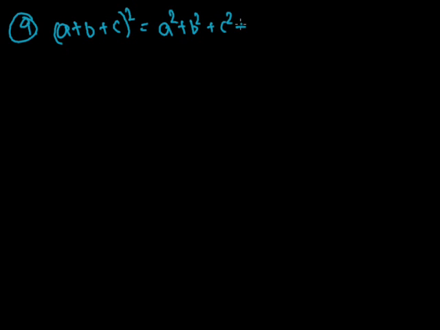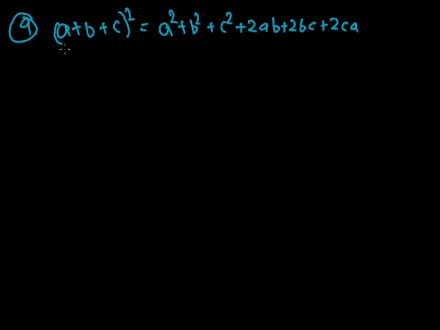There are some more identities that we will study. If we have three terms in an identity, then there are some more identities. The ninth identity: a plus b plus c whole square is equal to a square plus b square plus c square plus 2ab plus 2bc plus 2ca.